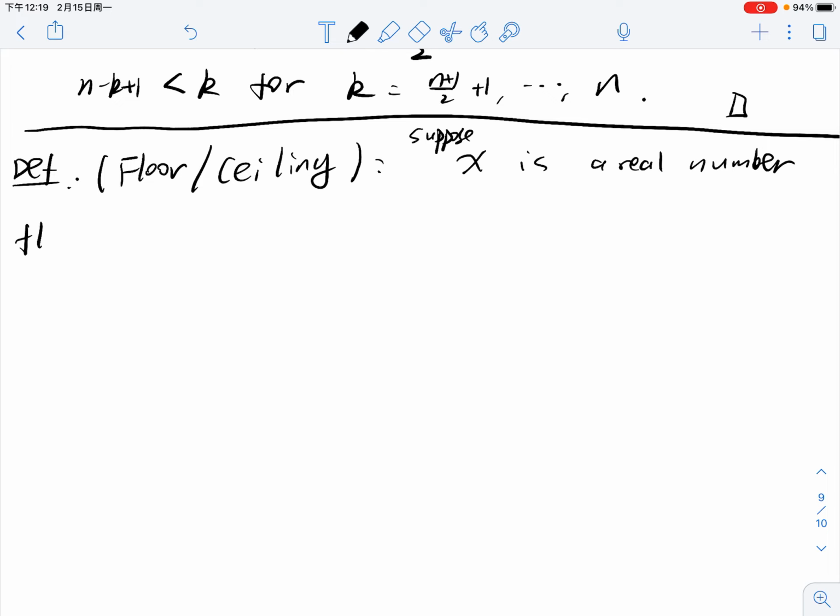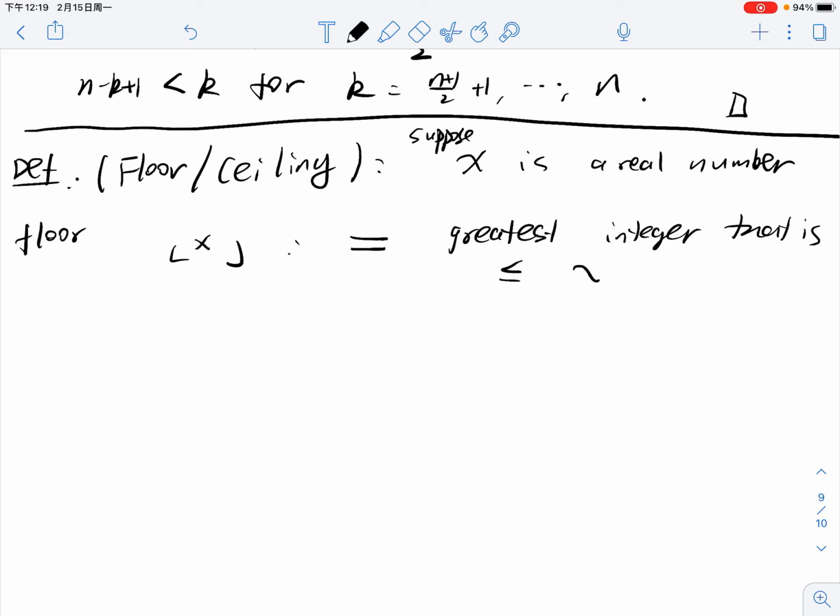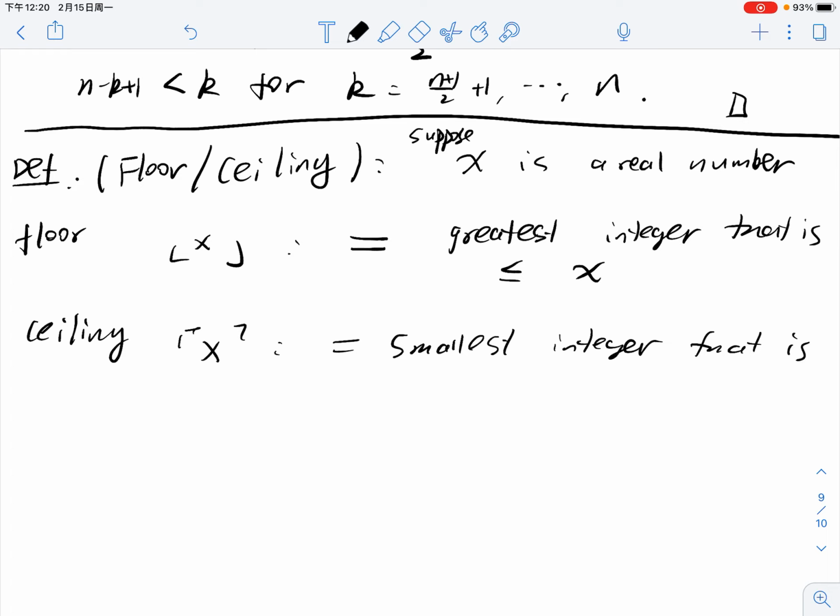We define the floor as the greatest integer that is less than or equal to x, and the ceiling is the smallest integer that is greater than or equal to x.